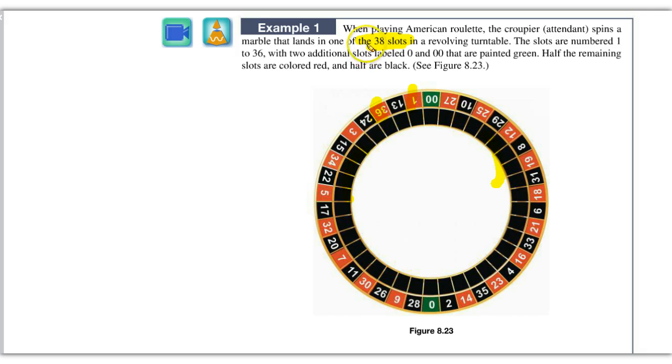And so that will give you 18 that are red, and then there are 18 that are black, and they add 2 other slots, a 00 and a 0. So on the roulette wheel, there are 38 slots, 36 are numbered, and then there are 2 that have no numbers assigned, the 0 and the 00.